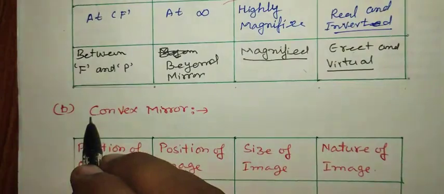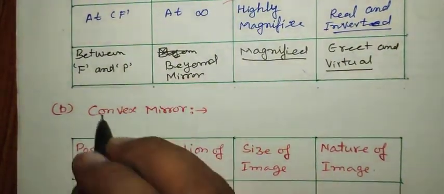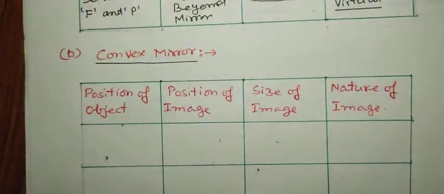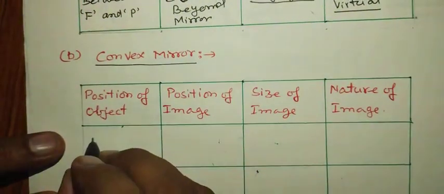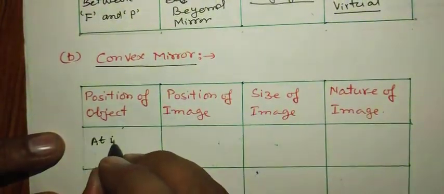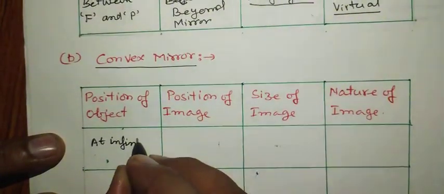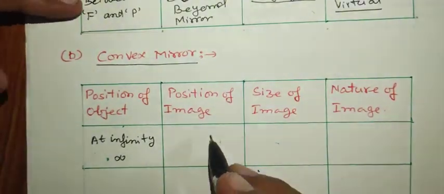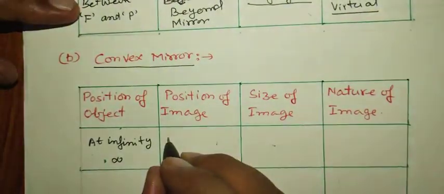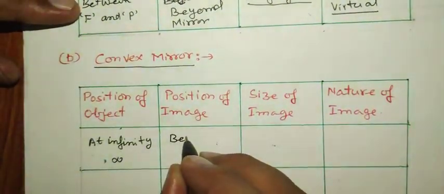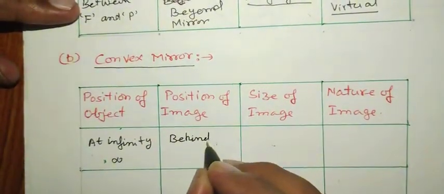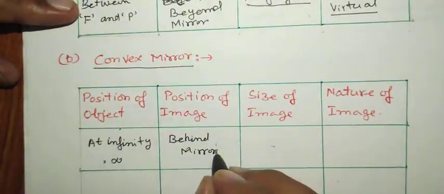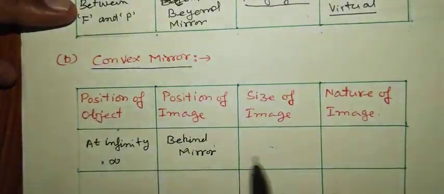Now it is time to fill the table here for convex mirror. The position of object we have taken at infinity. Position of image: behind the mirror, on the other side.